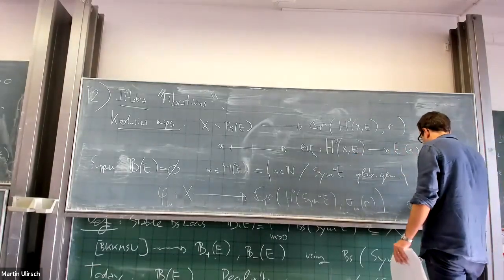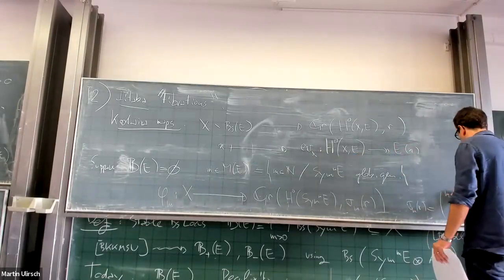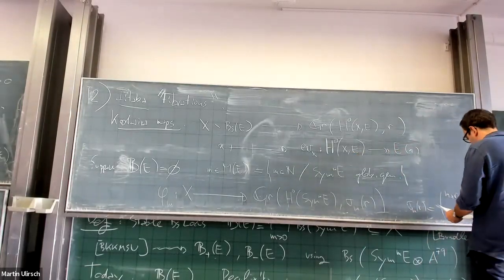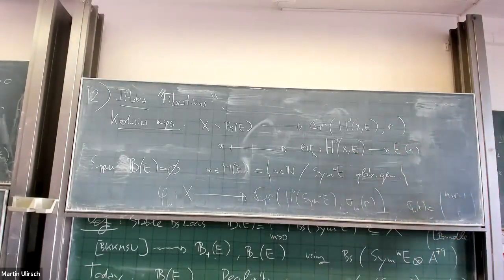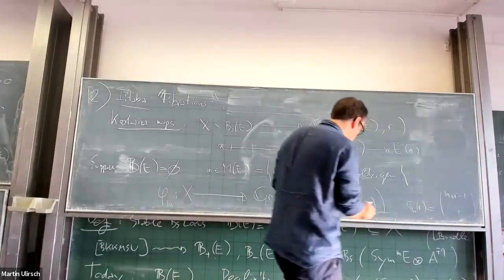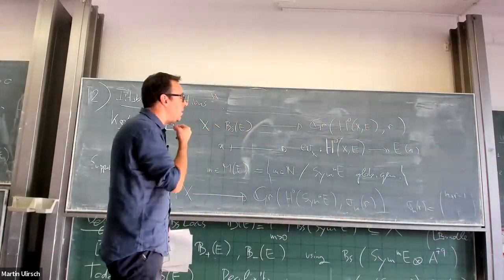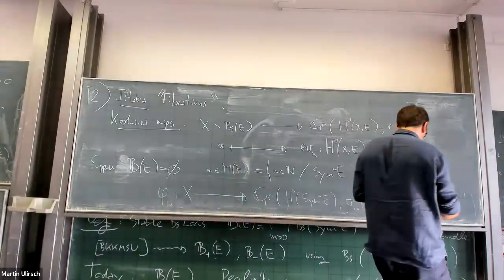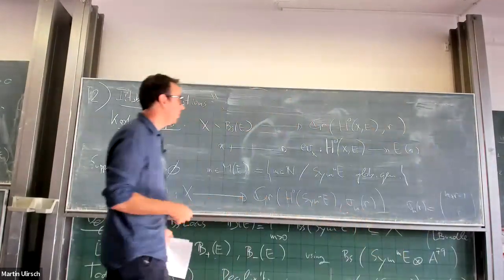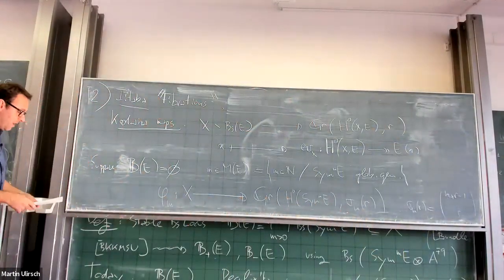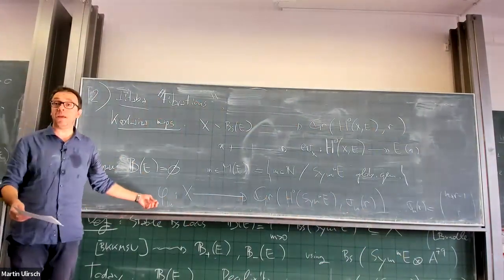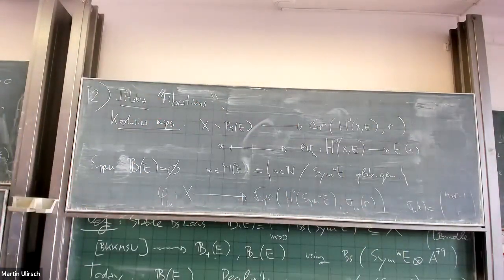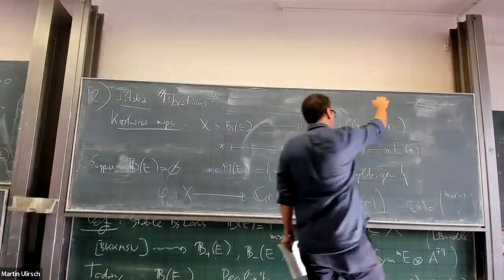Therefore, sigma_m(r) is (m+r-1 choose m), the rank of the symmetric product of E. So the question is, how do these maps behave asymptotically? Do they stabilize? And if yes, where?